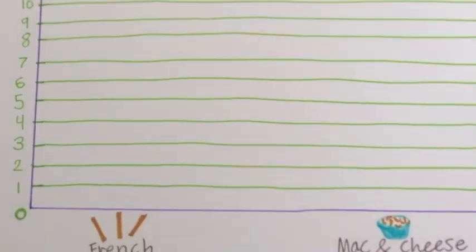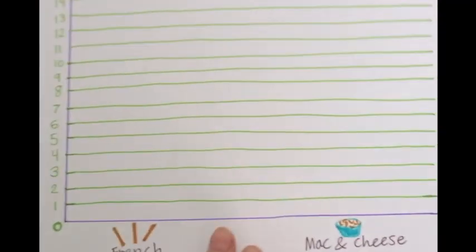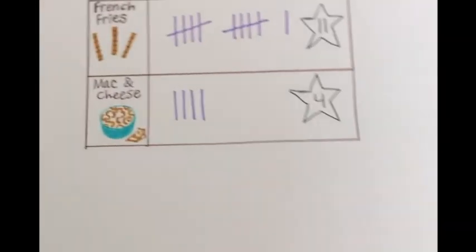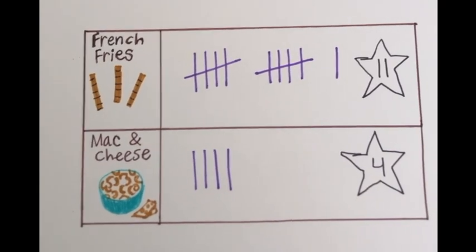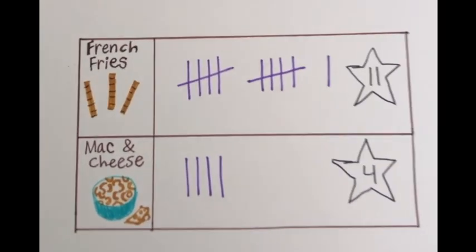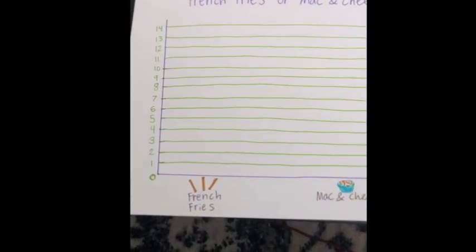All right, so I'm gonna teach you guys a trick for plotting on our bar graph. First, we gotta make sure we're accurately filling in our bar graph. So how many friends liked french fries the most? 11, right? So what we're gonna do is fill in 11 on our bar graph.